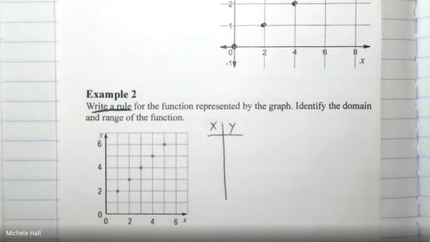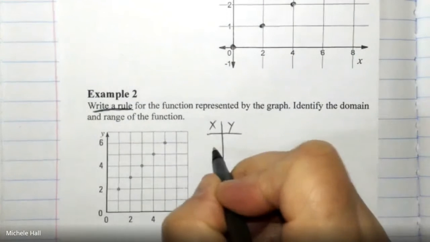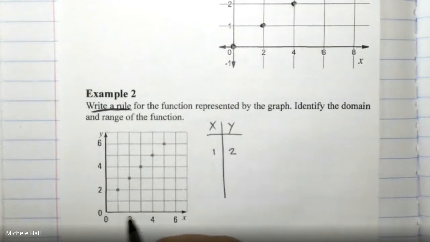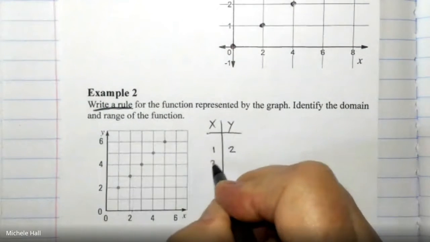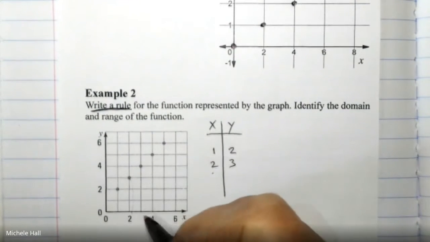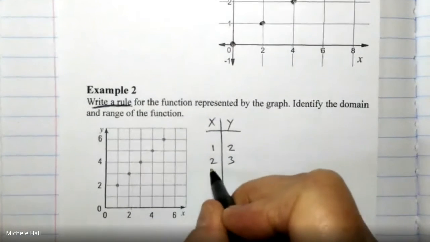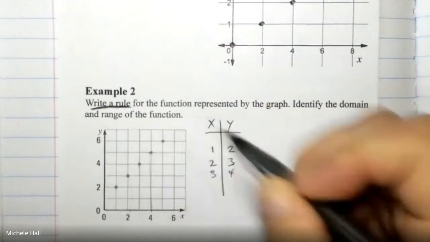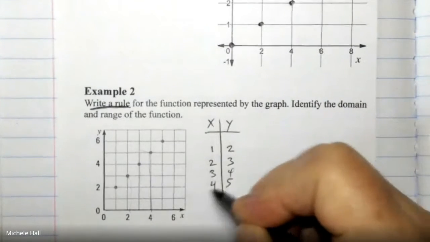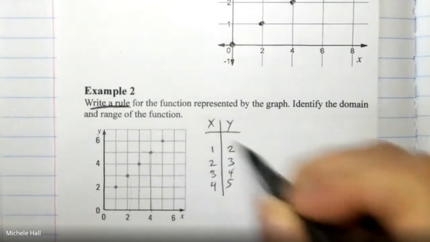So this is just about x and y. It's a generic problem. I see when x is 1, y is 2. When x is 2, y is 3. When x is 3, we have 4. And then 4, 5. And 5, 6.